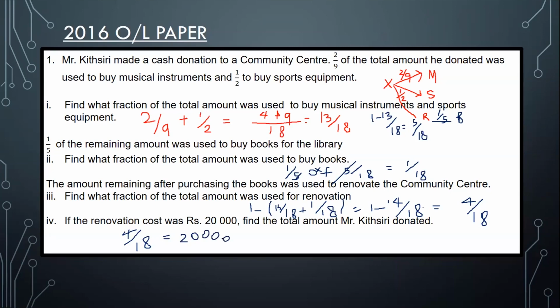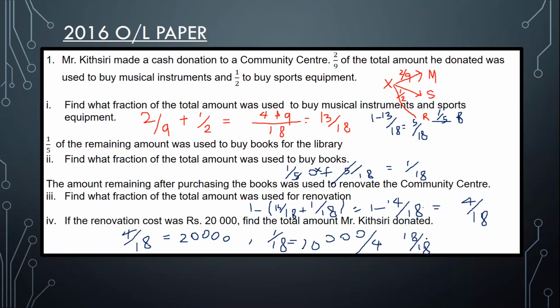So to find one portion, how do we find it? We only have to find 1/18. So 1/18 is equal to 20,000 divided by 4. And when you find the total portion, which is 18/18, you have to multiply this amount by 18.